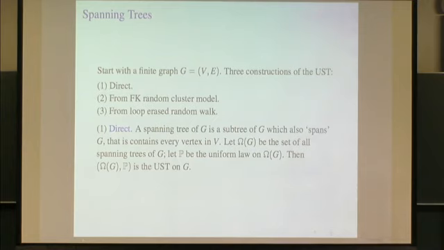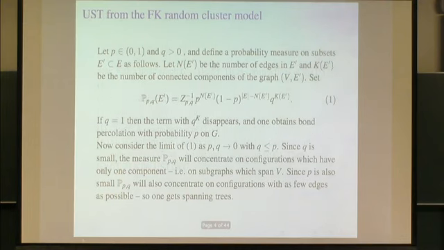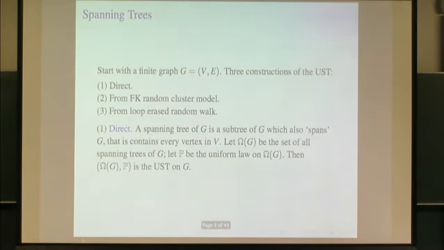Well, a definition of a spanning tree is a subtree which spans the graph, so that it gives you a connected subgraph which is a tree and which contains every vertex. So you make a list of the spanning trees. You choose one at random. That's a uniform spanning tree. So that's the direct construction.